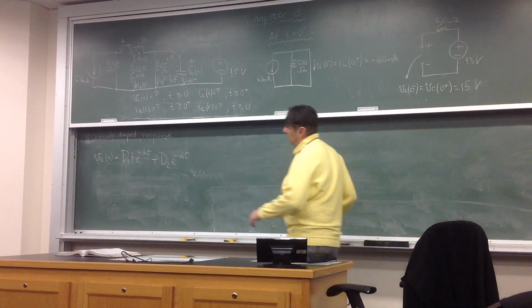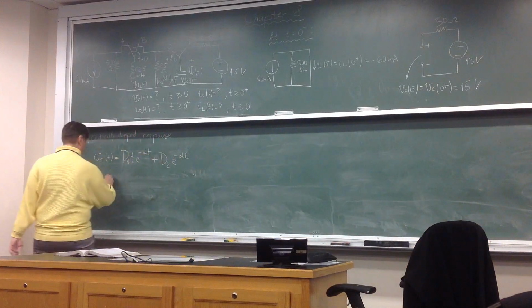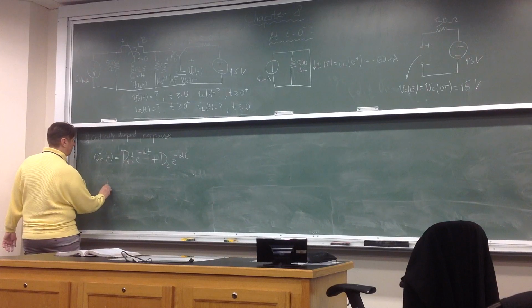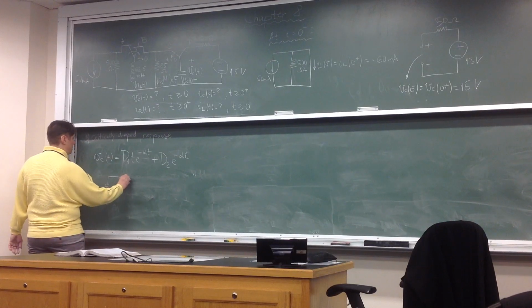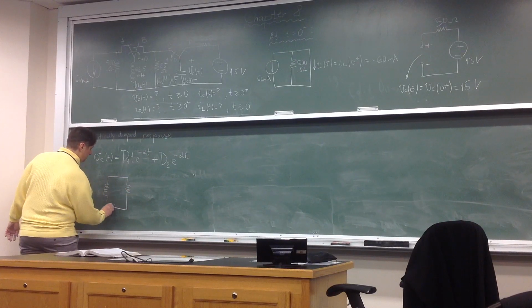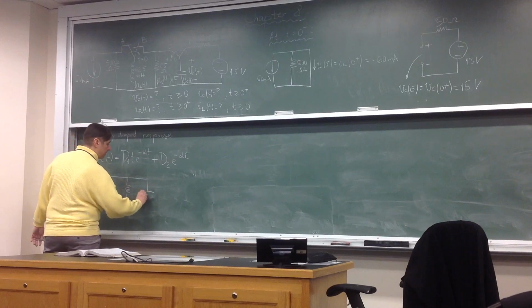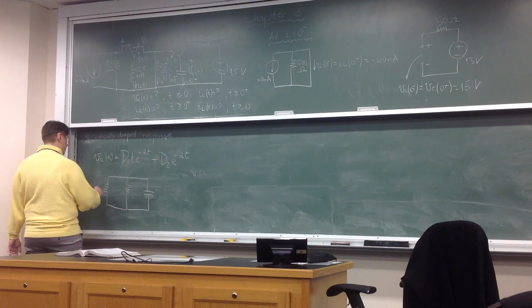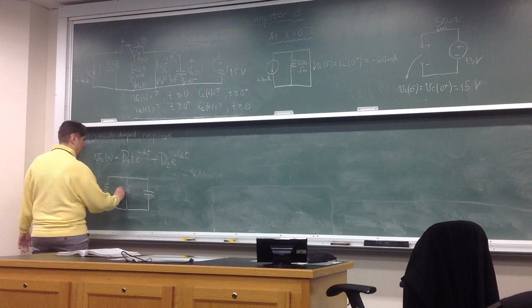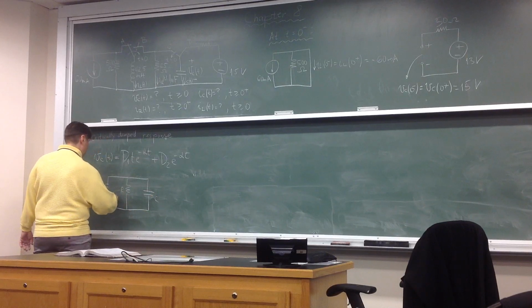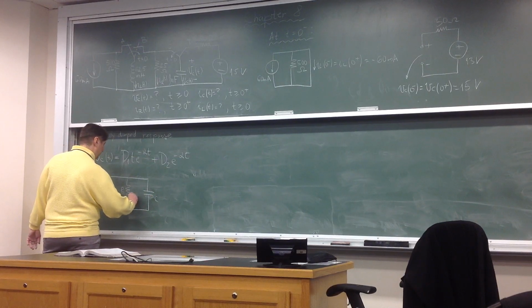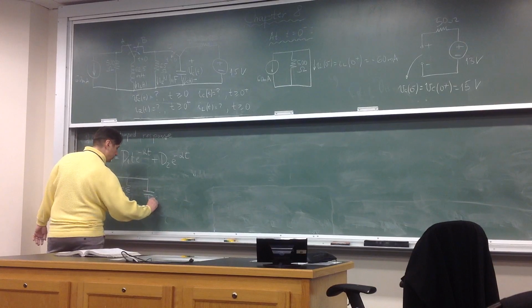Okay, so you still have this circuit. We'll look at it. We have inductor, resistor, capacitor: L, R, C, IL, IR, IC. And they all share VC.